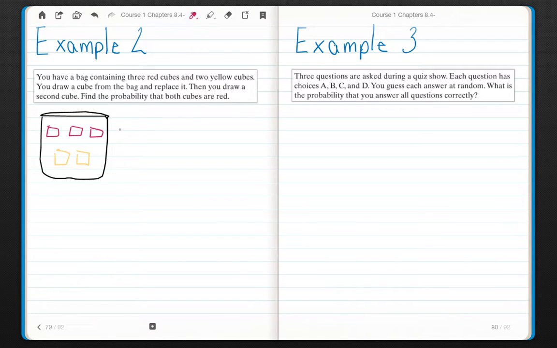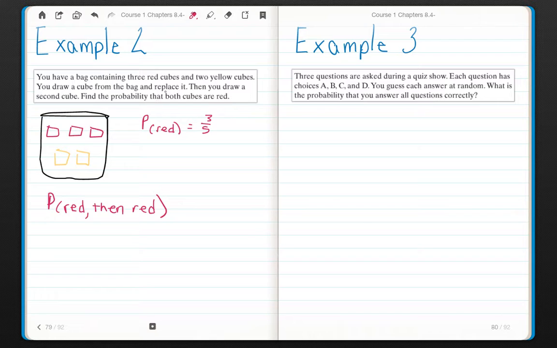So the probability of pulling a red cube the first time is 3/5. 3 of the cubes are red, and there are 5 cubes altogether. So I want to find the probability of getting red and then red again.